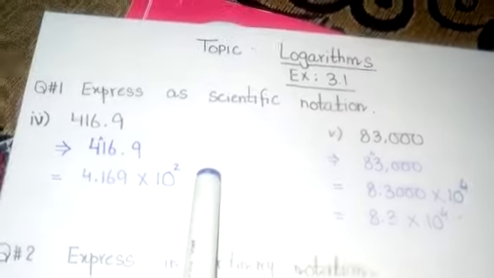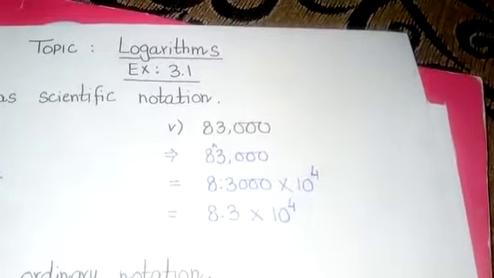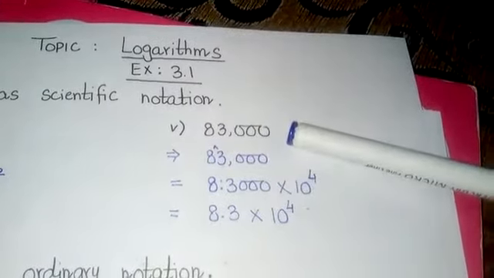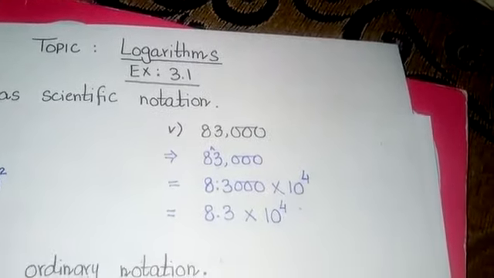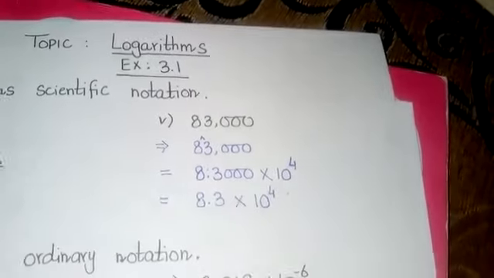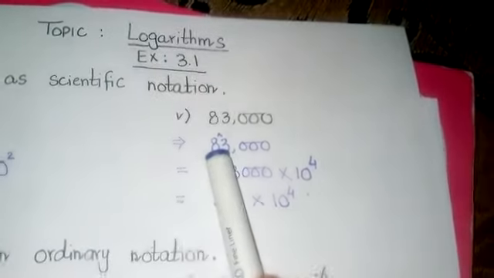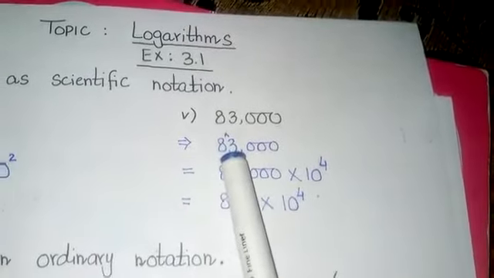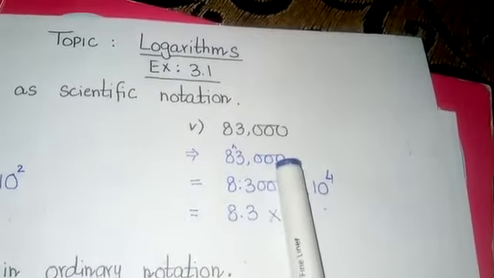Is it clear? Now move to the fifth part, and the next part is 83,000. Now remember the steps. Where do you have to put the point? You have to put the point after the first non-zero digit. In this number, the first non-zero digit is 8. It means you have to move the point after 8. So it will become 8.3000.